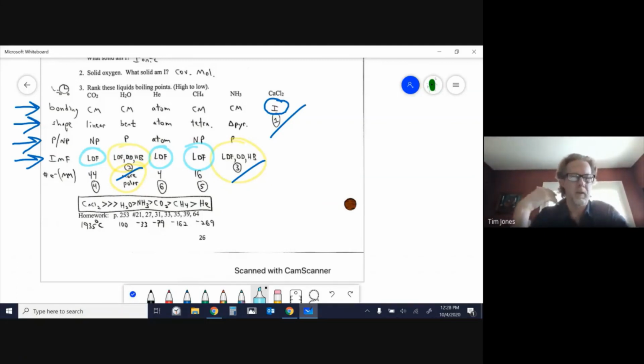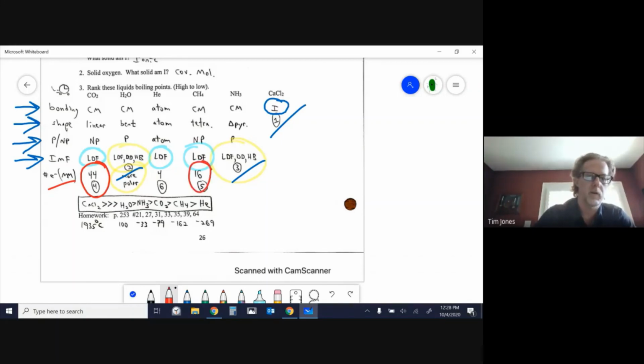And we typically don't bother counting electrons. We usually just look at the molar mass. And whoever has the higher molar mass will have more electrons, and that's just a quick way of doing it without having to go through electron configurations. The higher the molar mass, the more electrons it has, so the more polarizable it is, and that means it has a stronger LDF. So next in line would be CO2, CH4, and no surprise, helium is last.